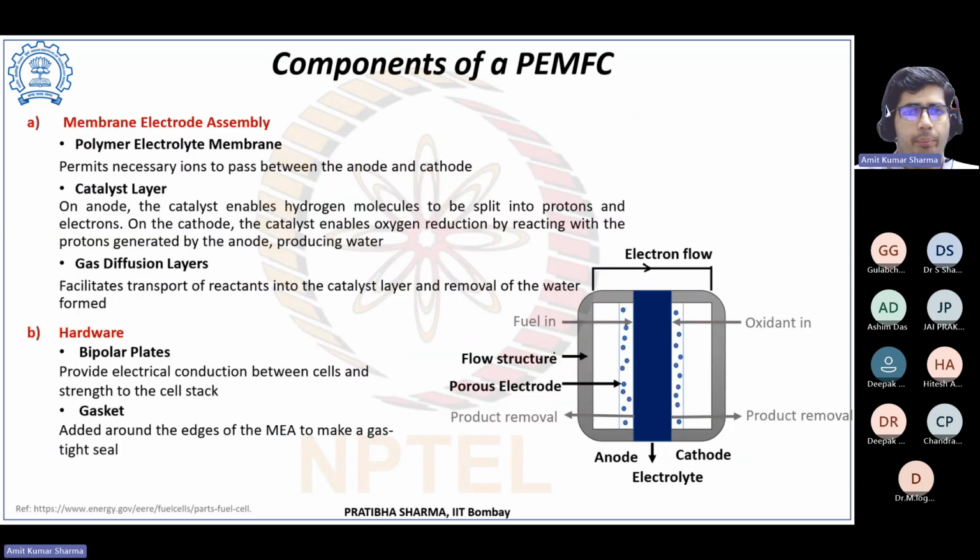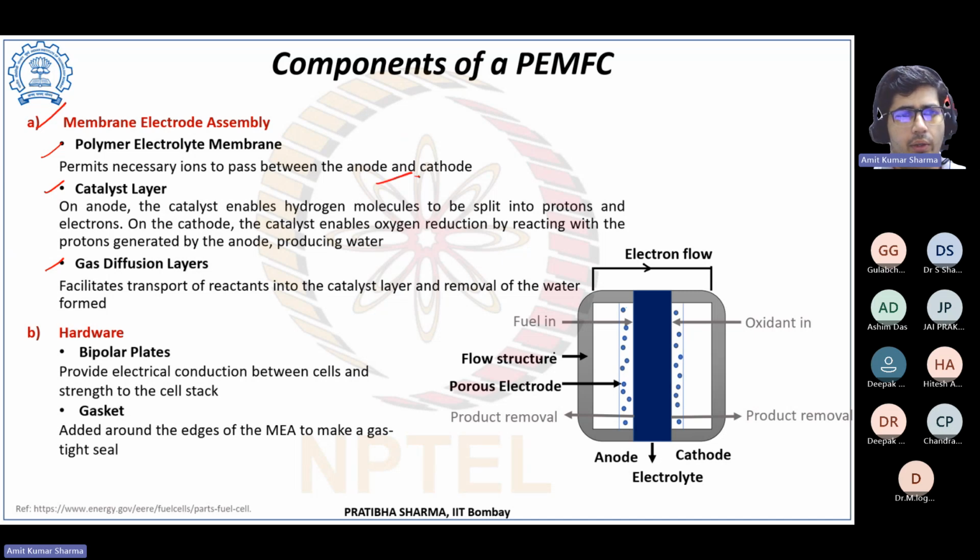Now the components of a PEM fuel cell. In the PEM fuel cell, we have the MEA, membrane electrode assembly. This constitutes the polymer electrolyte membrane, catalyst layer, and gas diffusion layer. The membrane permits necessary ions to pass between the anode and cathode.